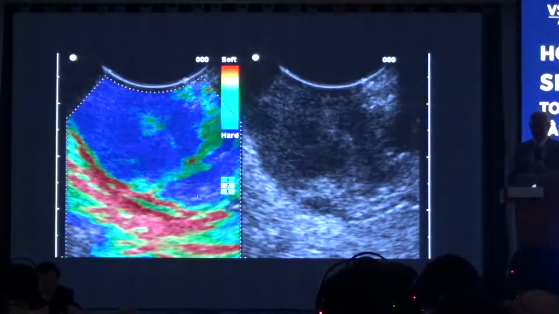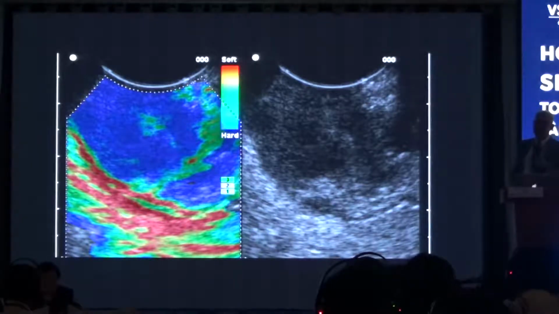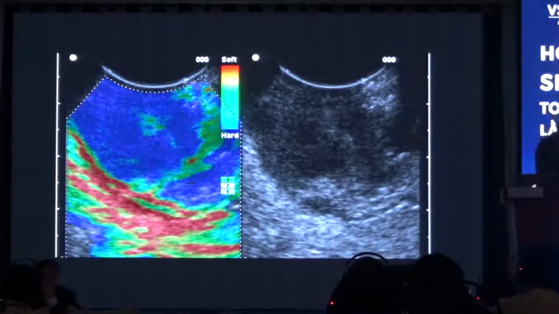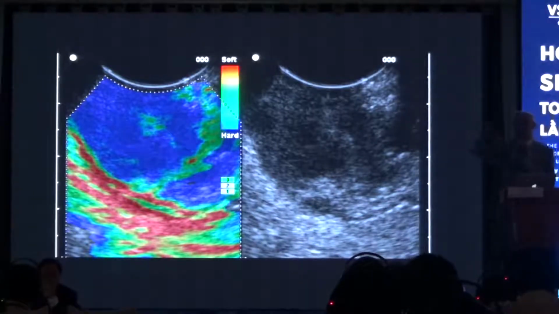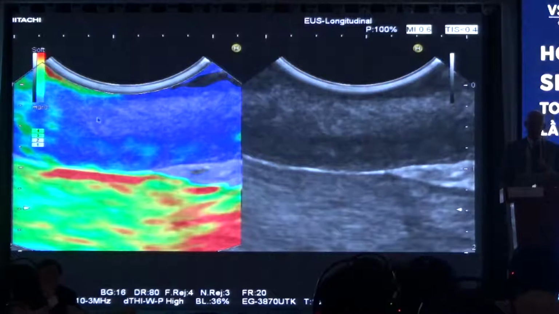Elastography, strain imaging, here you can see a clear border, and this is pretty often to our experience, and I do believe it's a very good tool, but not examined so far, to determine T2 within the intestinal wall, T3 beyond the intestinal wall. One more example of a serous carcinoma of the stomach.